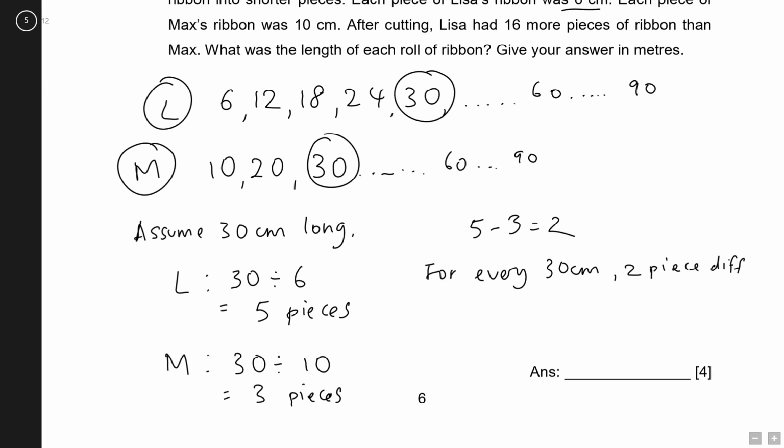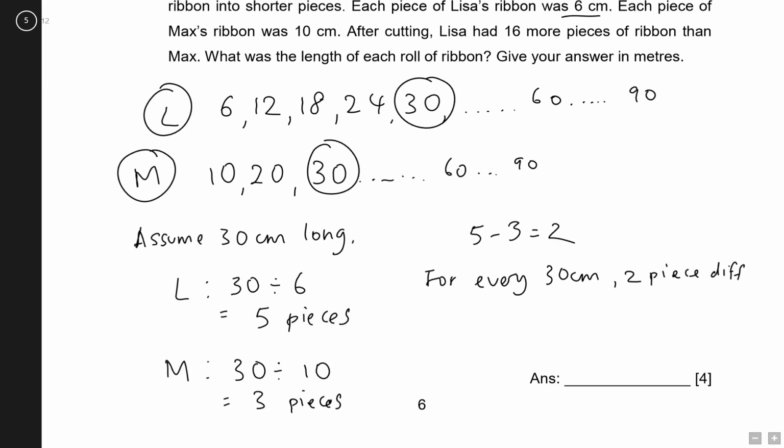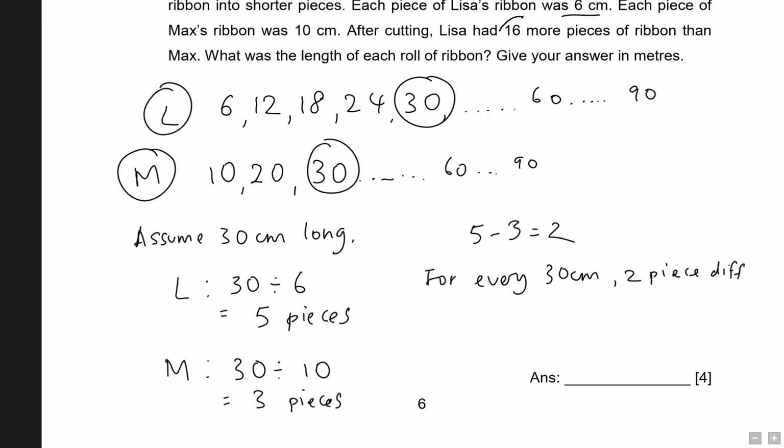Okay? Now, the question says Lisa actually had 16 more pieces. Instead of a 2-piece difference, they actually had a 16-piece difference. One person had 16 more than the other. So I know every 30 centimeter there will be 2 pieces difference. What about if it's 16 pieces difference, which is what the question wants?